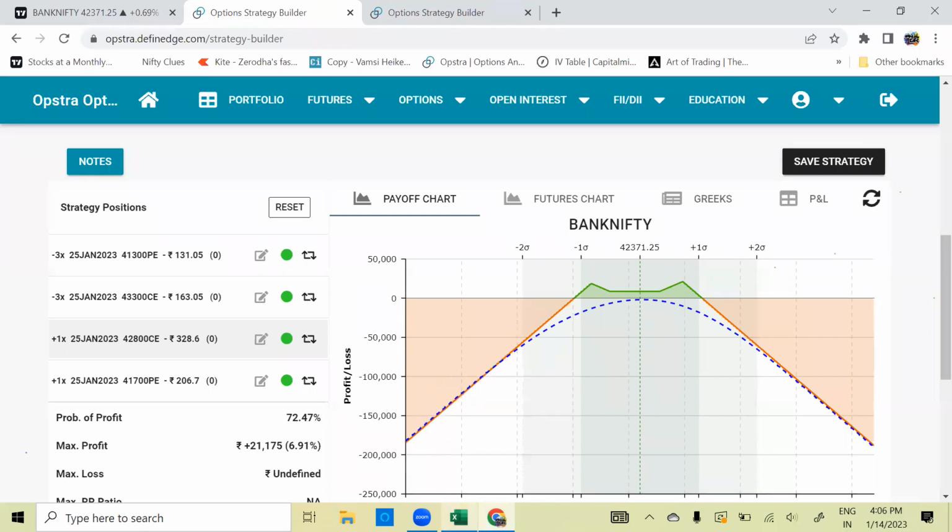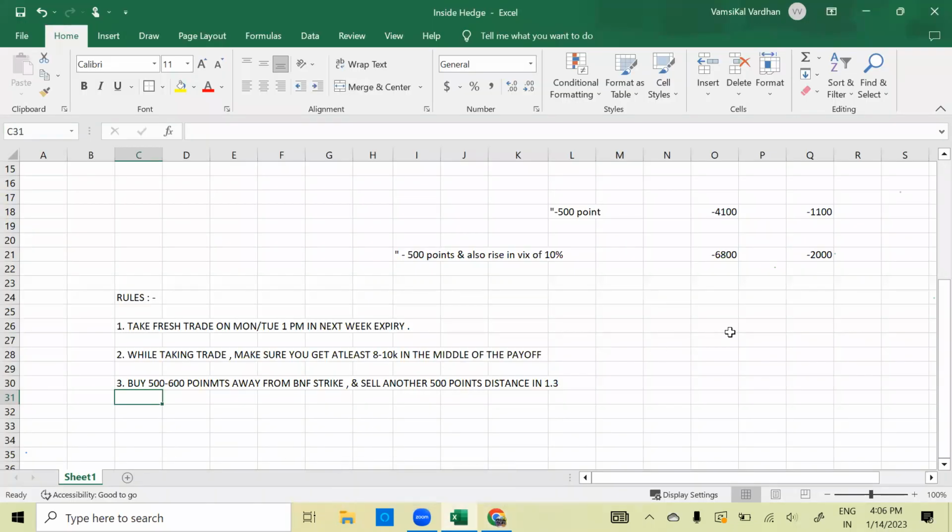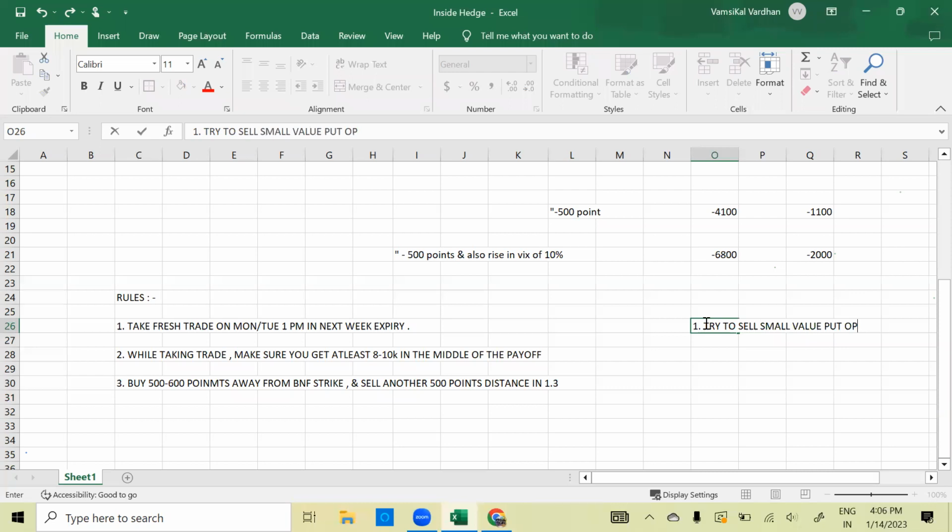Also, here is a tip: try to sell small value put options, then call options.